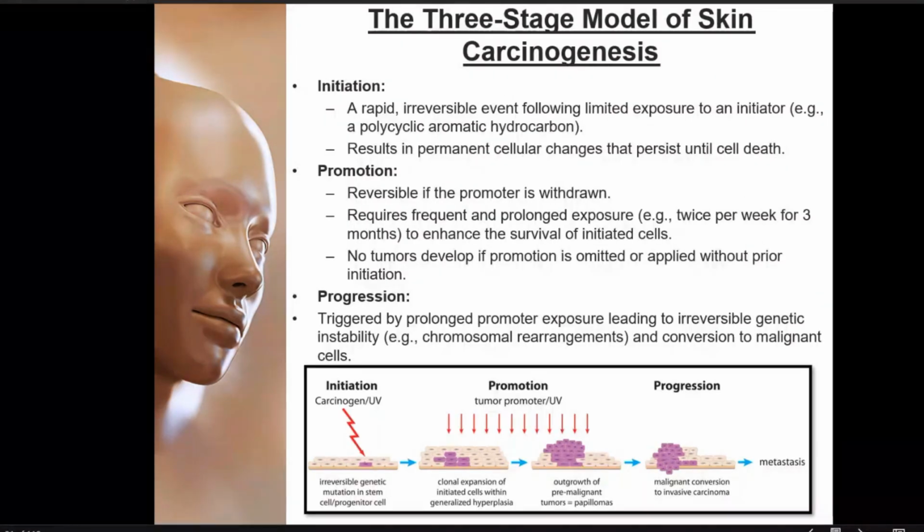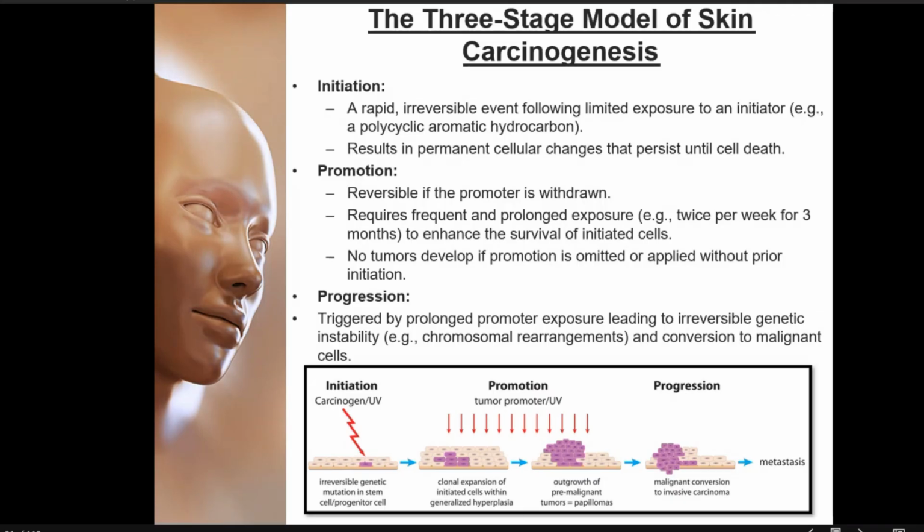The three-stage model of skin carcinogenesis: the stages are initiation, promotion, and progression. In initiation, when UV light comes in contact with the stem cell, there is a clonal expansion of the initiated cell with generalized hyperplasia.